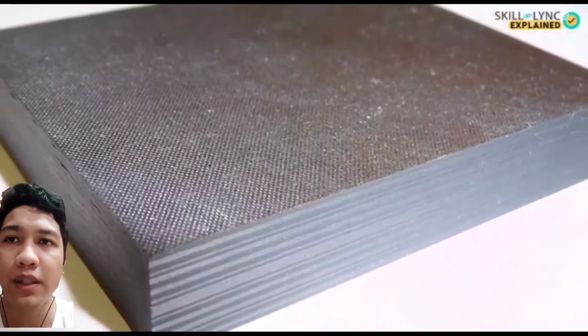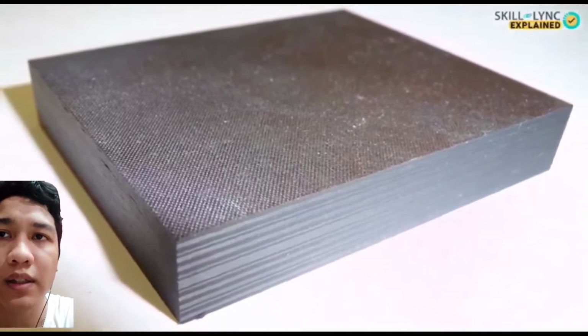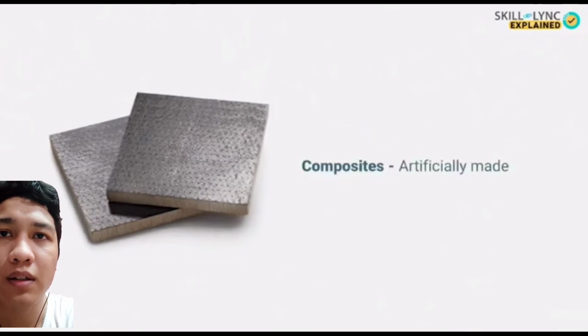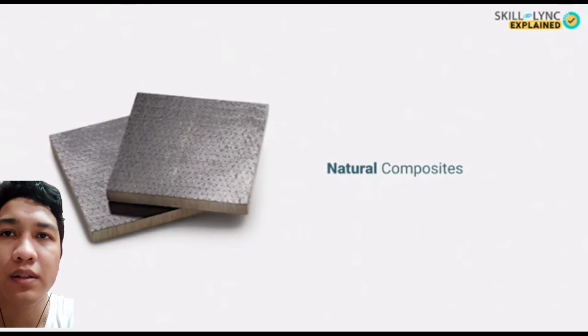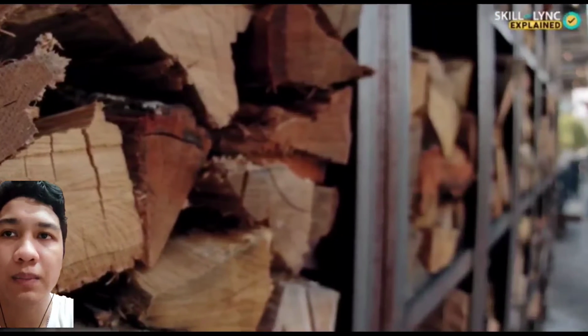Composites are multi-phase materials composed of two or more materials that are chemically distinct and can be distinguished by an interface. The property of the composite material depends on the property of the constituent elements. Composite materials refer to artificially made materials, but some natural composites also exist.